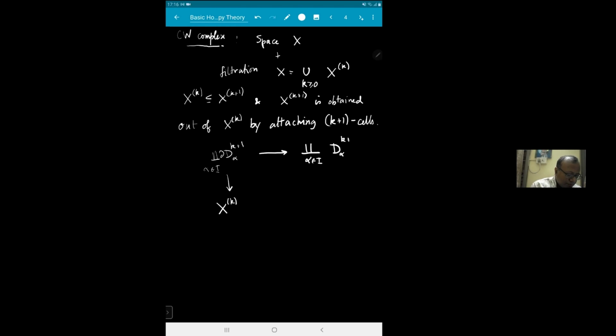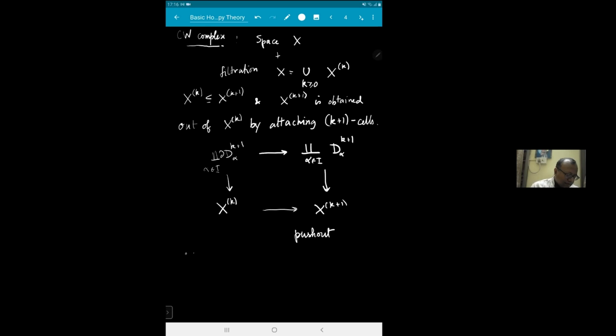That would give you X_{k+1}. So this is a pushout. What does that mean? It means you have these maps from the boundary of the cells, and you are taking the union of the interiors along those maps.